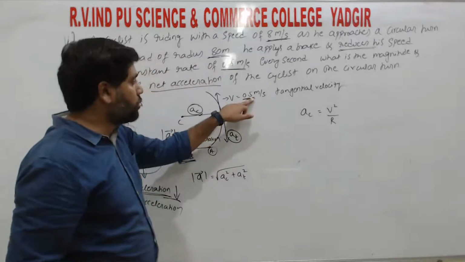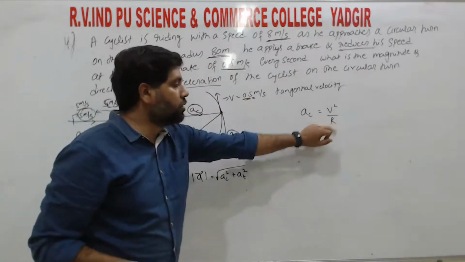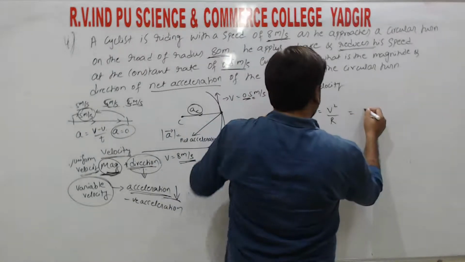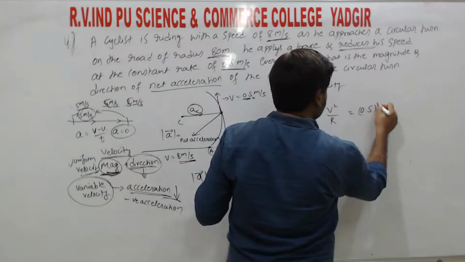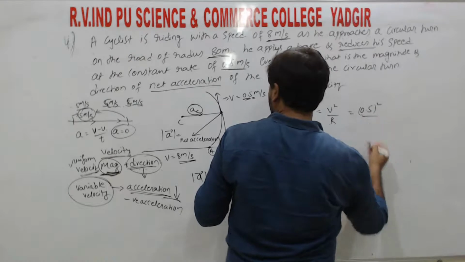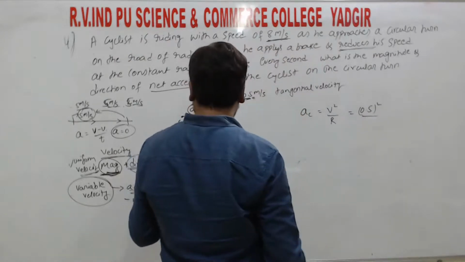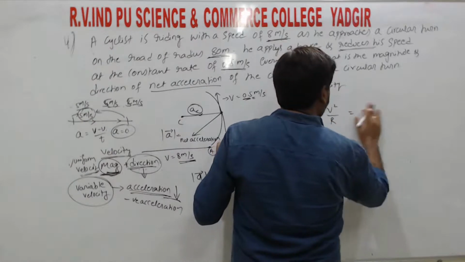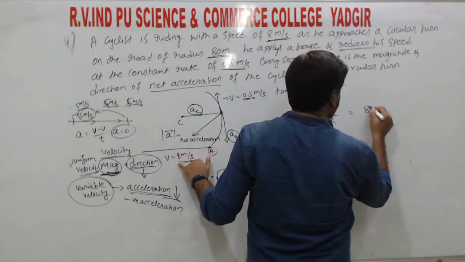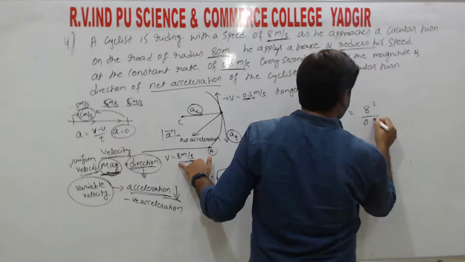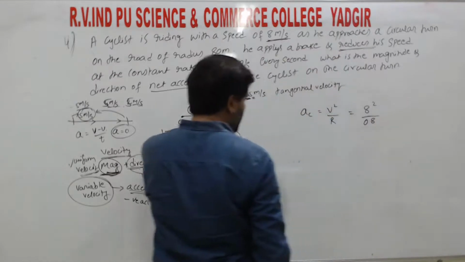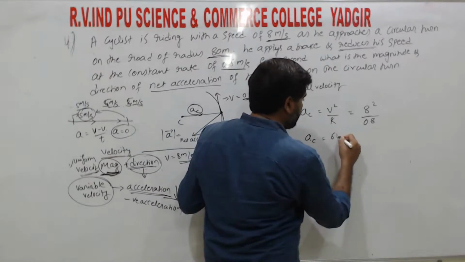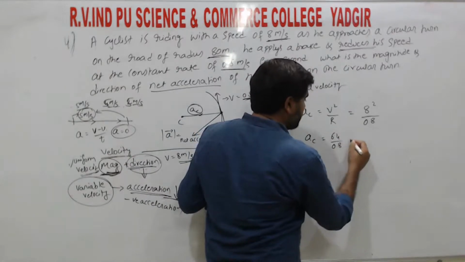So v is 8 and r is 0.8. 8 square divided by 0.8, right? So we get ac is equal to 64 divided by 0.8.